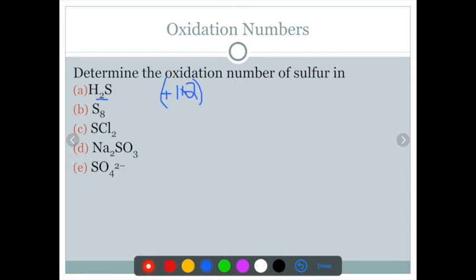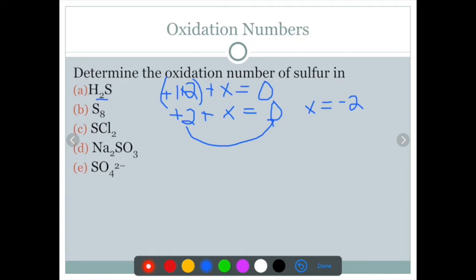We're going to solve for x, so plus x, and set this equal to 0, since for a neutral compound the oxidation numbers should add up to 0. So this gives us a positive 2 plus x equal to 0. If I move the 2 over to get x by itself, the oxidation number for sulfur is negative 2 here.